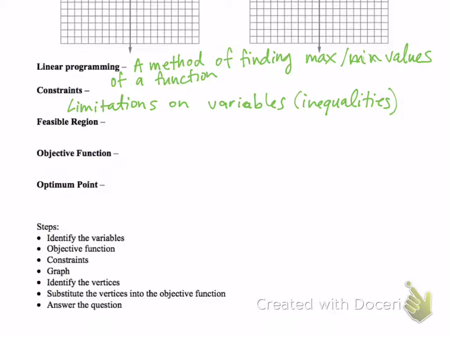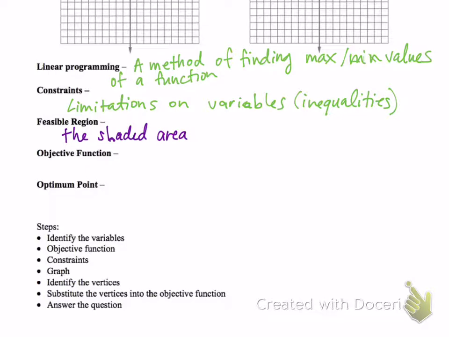Then we have what's called the feasible region, and that's just the shading, the shaded area. And that's where all of the solutions are. So that's all of the possible ordered pairs that could fit into those constraints. But I just say the shaded area because that's the easiest way to understand it.